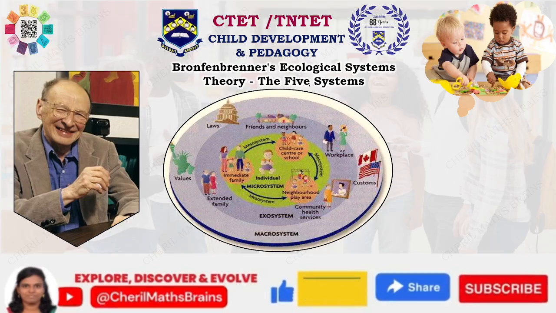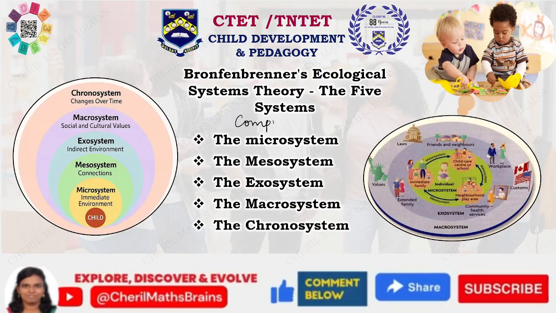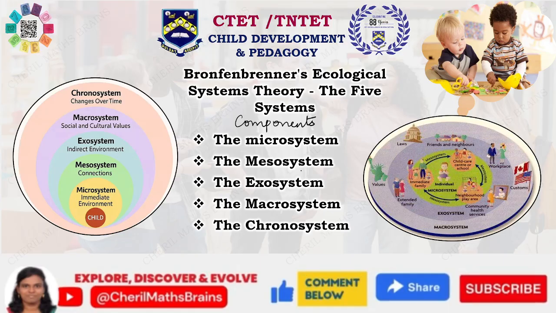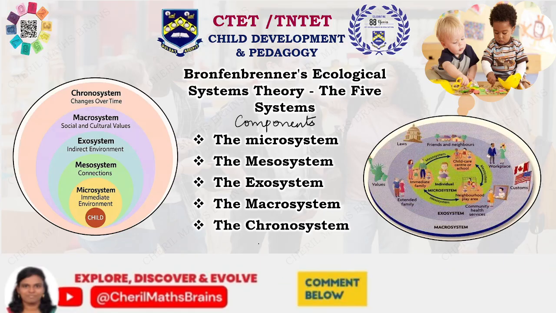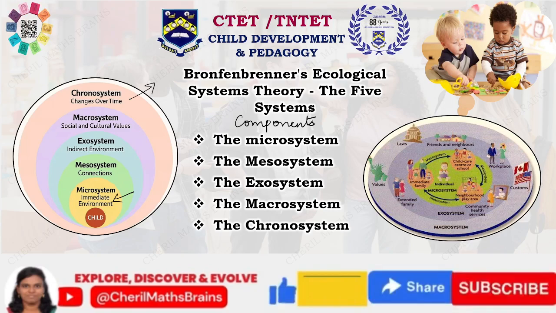With that, he has brought about five systems, or you can say five components: the microsystem, mesosystem, exosystem, macrosystem, and the chronosystem. Microsystem talks about the immediate environment, the macrosystem talks about the social values and all, and finally it changes over time.